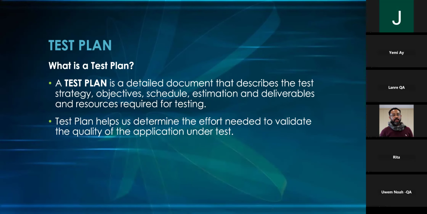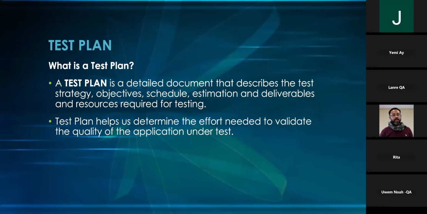A test plan helps us to determine the effort needed to validate the quality of the application under test. Any application you are working on is what we mean by application under test. So if you have been given a project now to work on, once you're given the application, it is under test.